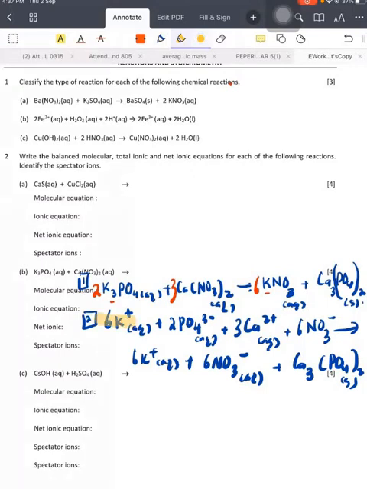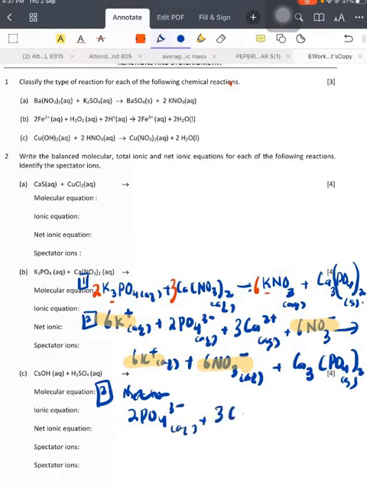Potassium. Lagi? Nitrate. Okay, kalau perasan nitrate ni mesti akan jadi spectator ion. Okay, so maknanya our net ionic equation will be 2PO4 3 minus plus 3 Ca2 plus to produce calcium phosphate.